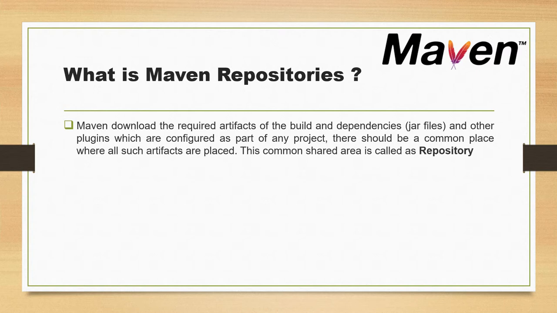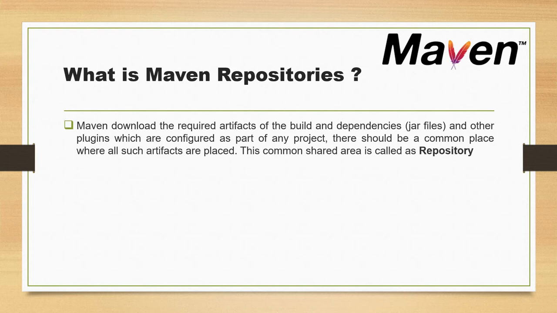These plugins and jars are placed in some kind of repository, and when you try to build your project, Maven will try to download those libraries or plugins from different repositories, and put them in your local computer system, or you can say a local repository, for future reference.